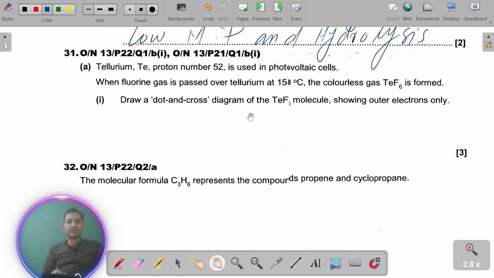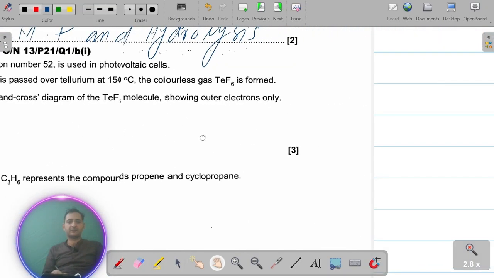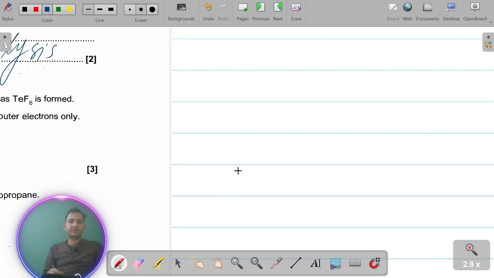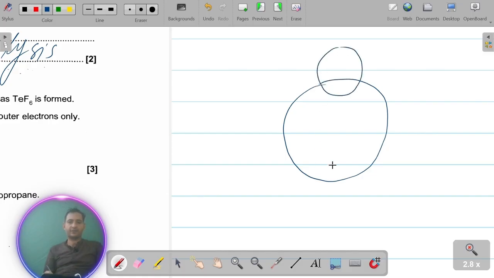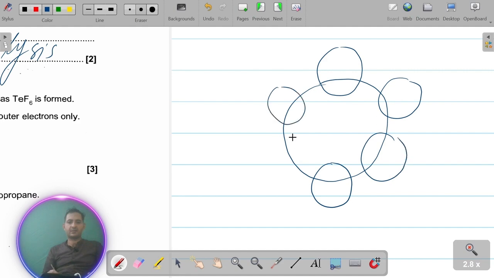So dot and cross for the outer electrons. I draw this tellurium, with one fluorine here, one fluorine at the bottom, and two others on the diagonals. One is here, another here, here, and here.